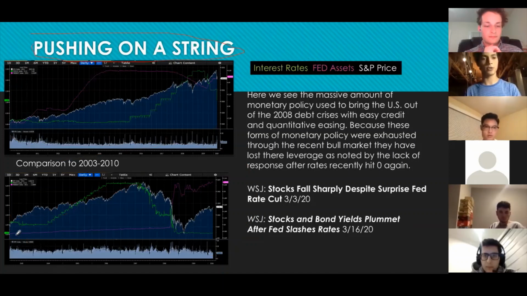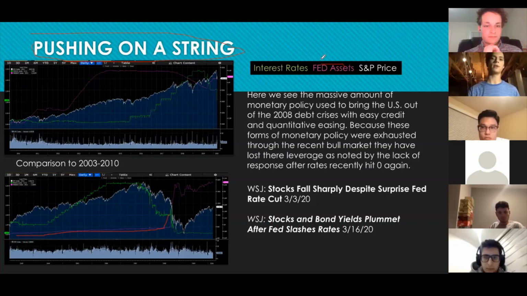So one difference between 2008 and now is this purple line. See here, the purple line is Fed assets. So here, the Federal Reserve assets were relatively low, and then they spiked up high after the 2008 crisis to stimulate the economy by printing money.